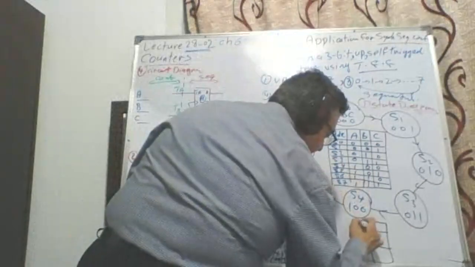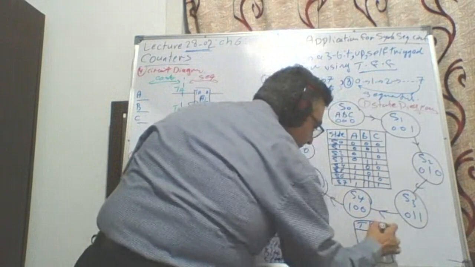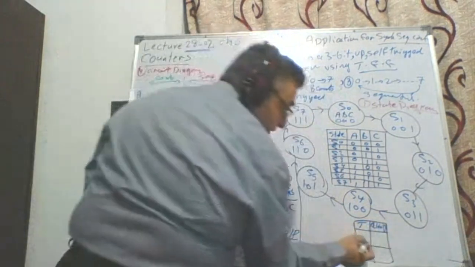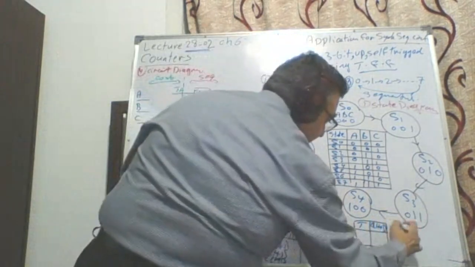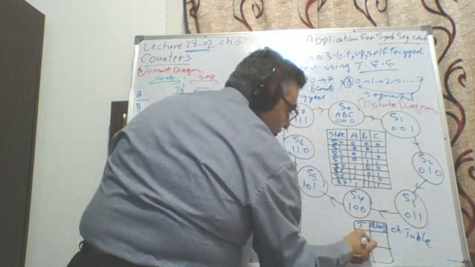So I have T and I have Q of T plus 1. Okay? So the characteristic table for the T flip-flop is 0, 1.